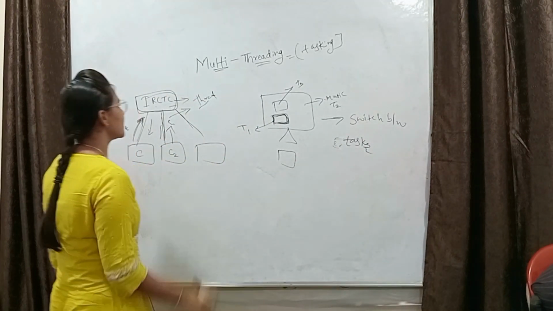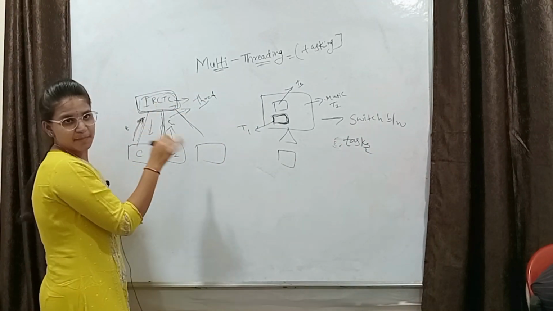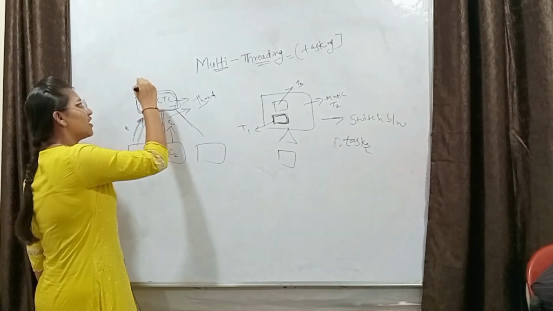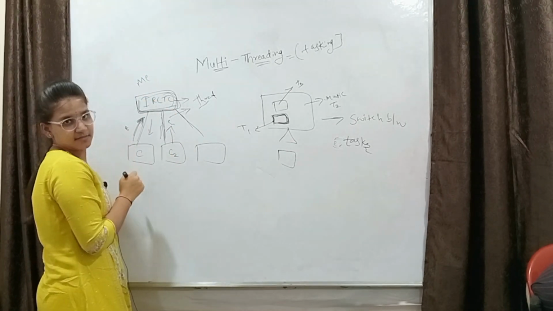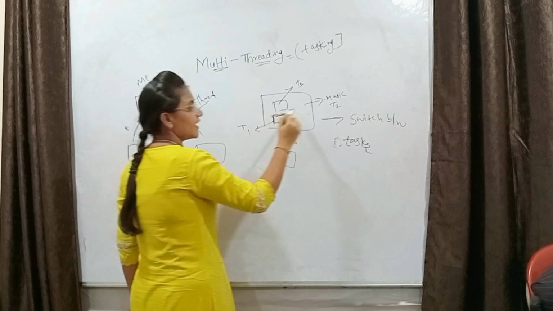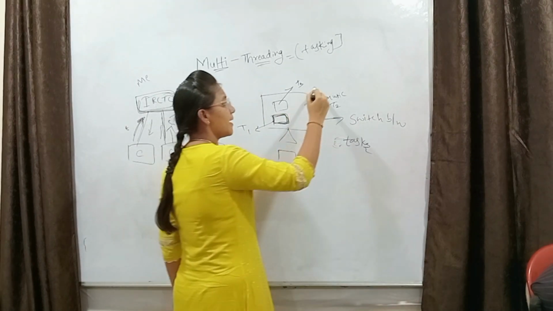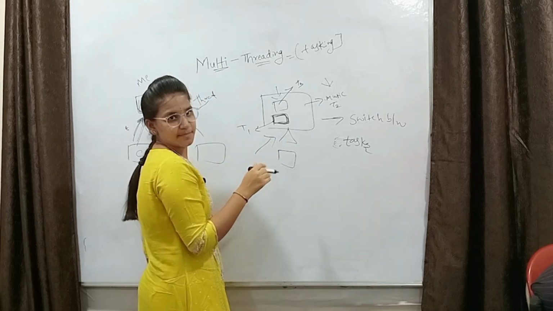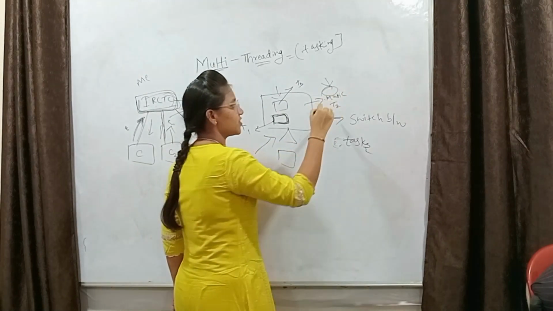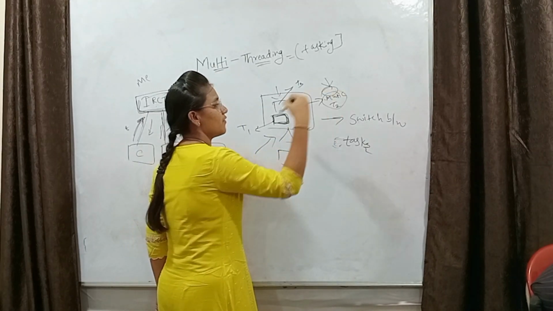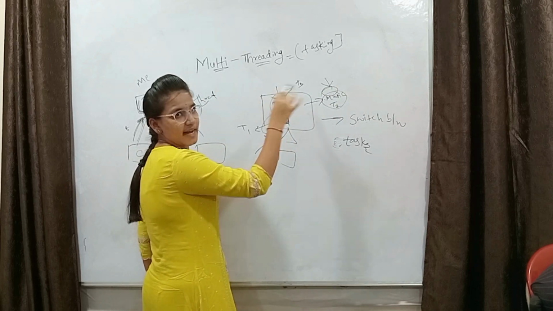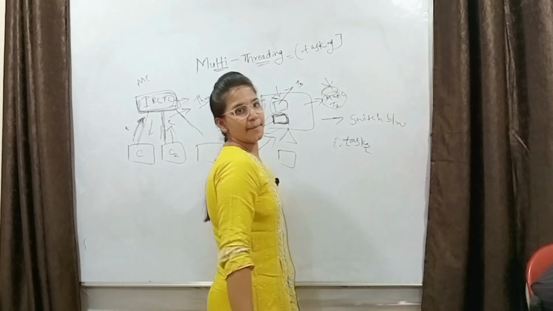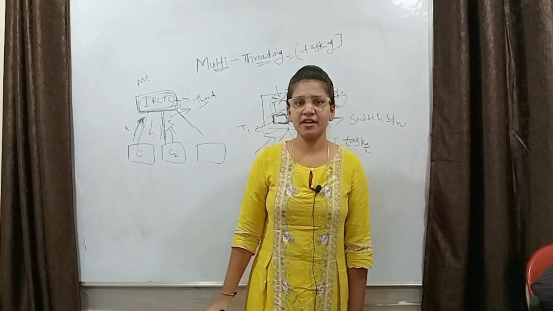And the third difference is that when only one task is performing, memory allocation is done only for this task. Here there are several tasks, so there is a separate memory allocation for every task.